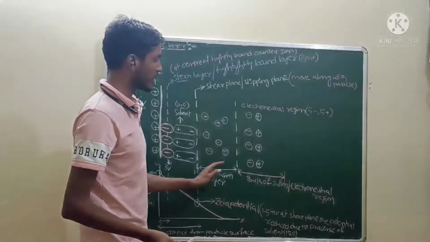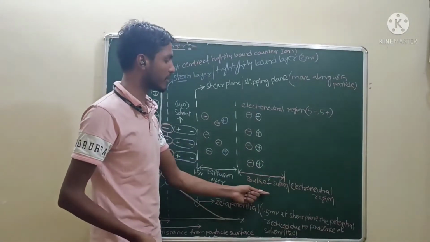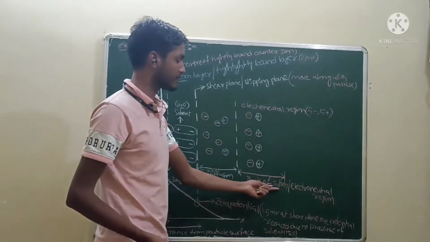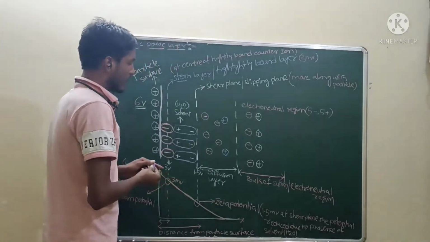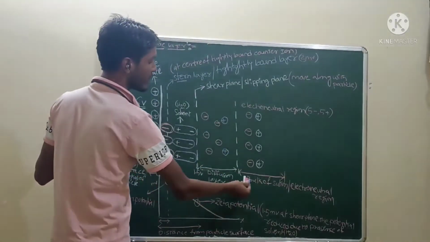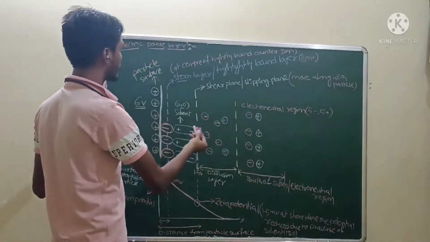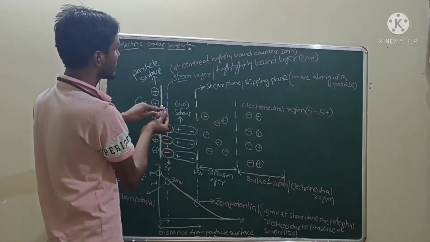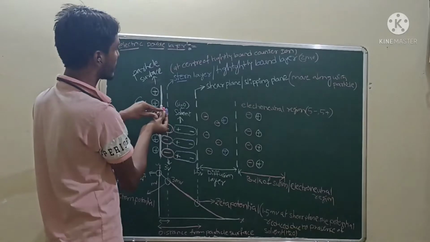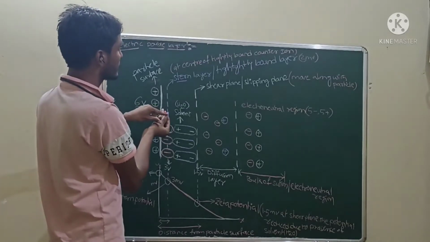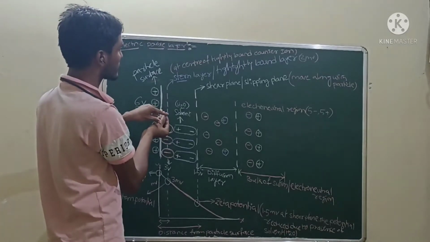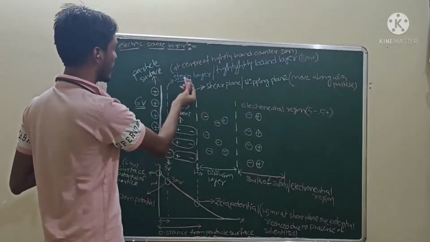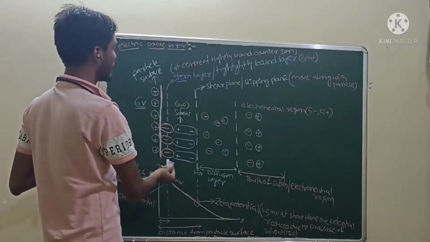But the diffusion layer and the bulk of solution, meaning the water present in the solution, will not move along with the particle. Only the Stern layer will move. This is the Stern layer, this is the surface of the particle, and this is the shear plane or slipping plane due to the presence of water molecules. Then this entire thing will move like this.